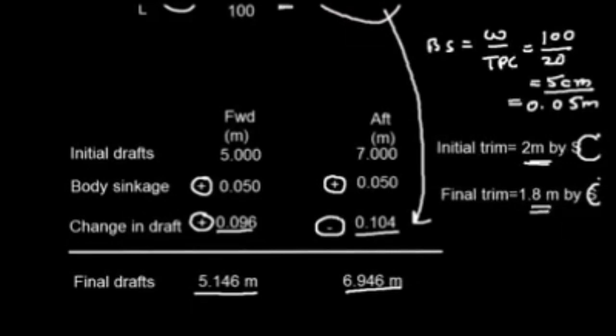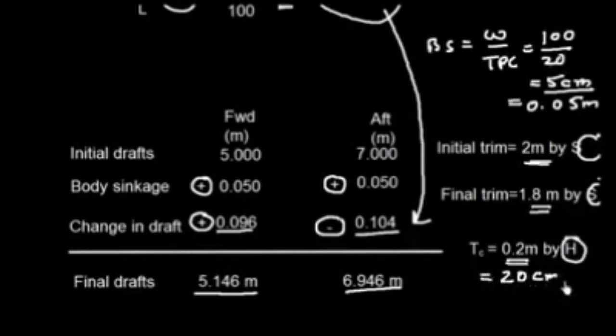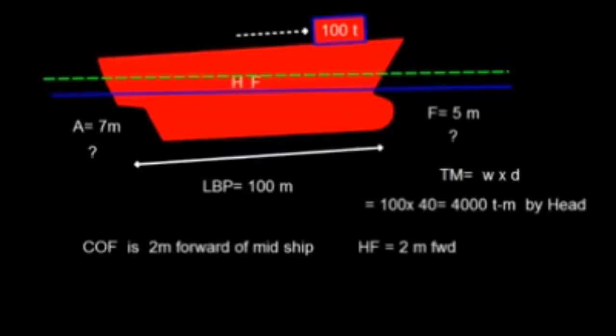That means my trim cost TC is 0.2 meter by head, or 20 centimeter by head, and that is what we had exactly calculated here.